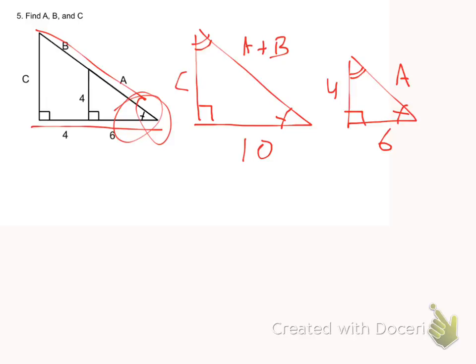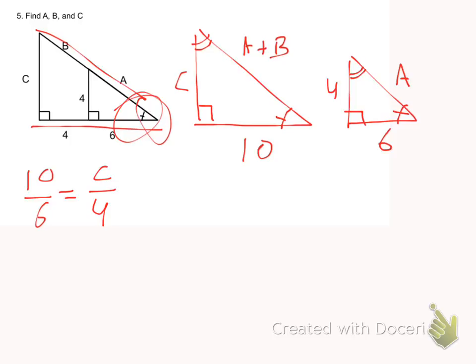Notice that the 10 and the 6 are together, and those are both numbers. There's my ratio. Which way do you want to go? You want to go from small to big or big to small? Big to small. So that means the left side over the right side, the way we have them lined up. And if we do that, we have 10 over 6. Yes? Awesome. And that will equal C over 4. Can you solve for C?